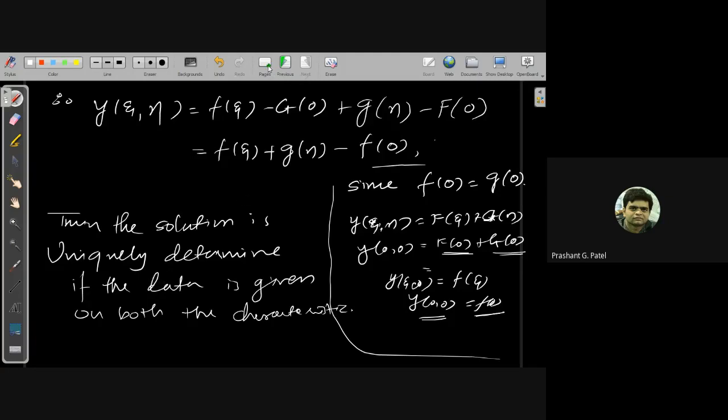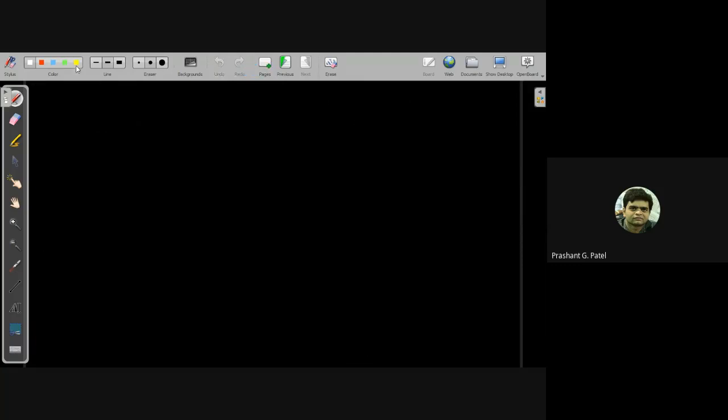Now the next, the third property, that is the C part of this, is talking about the domain of independence.